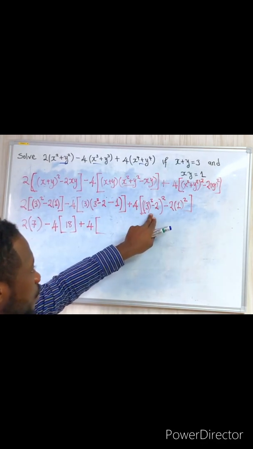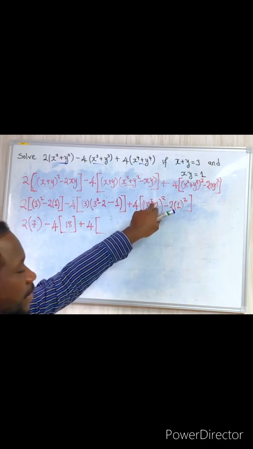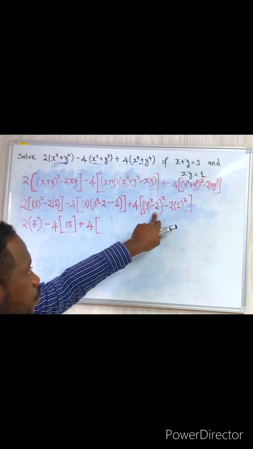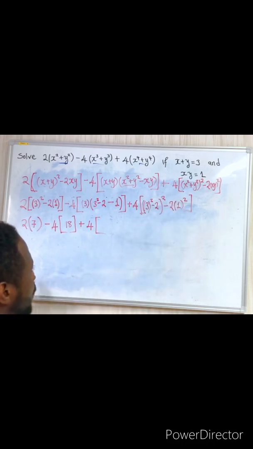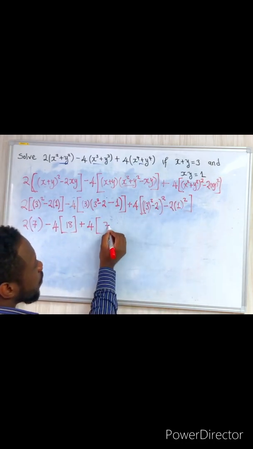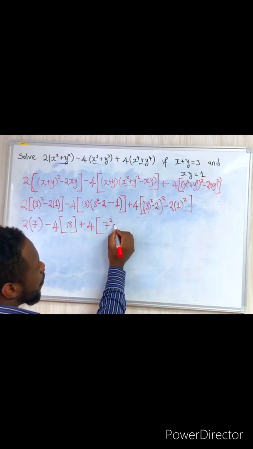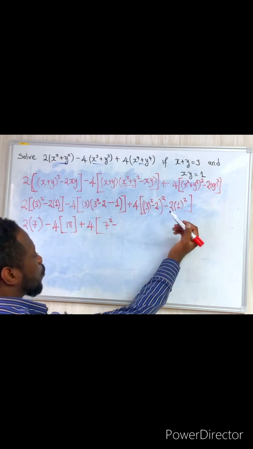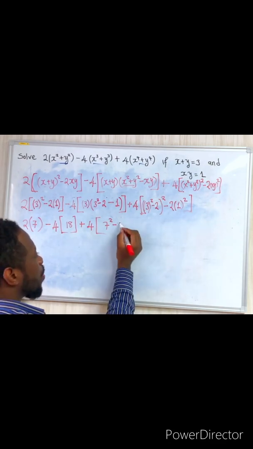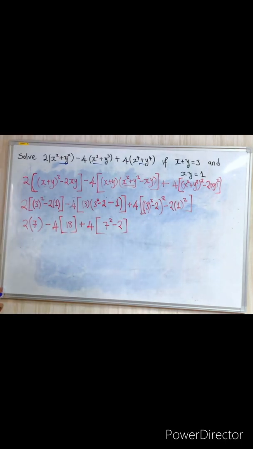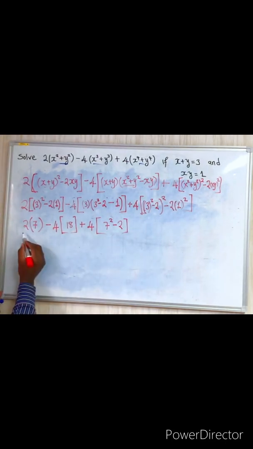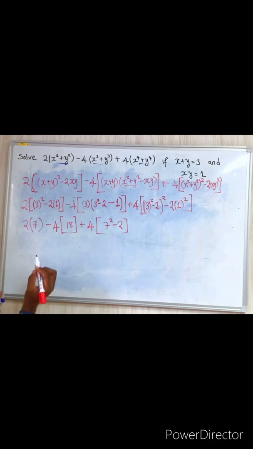We have 3 to the power 2, that will give us 9. Minus 2, that will be 7. 7 to the power 2, so we have 7 to the power 2 minus 1 to the power 2 is just 1, so this will be minus 2. Okay, so 7 times 2, this one will give us 14.